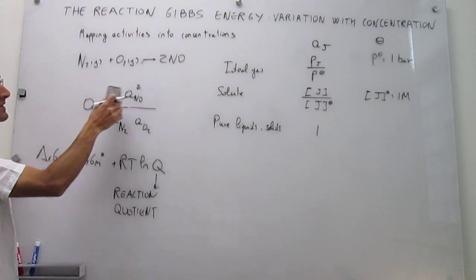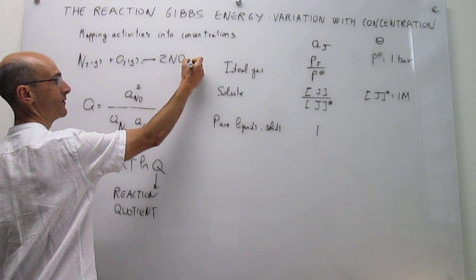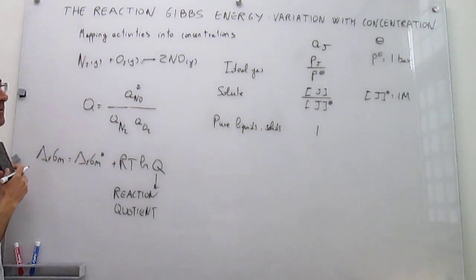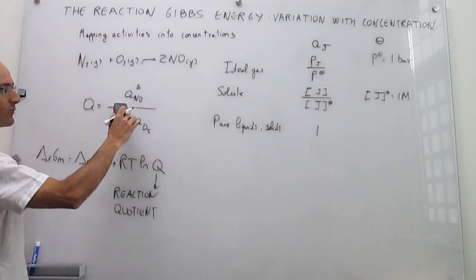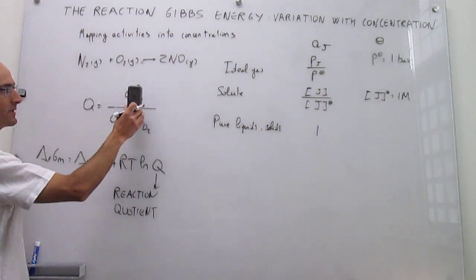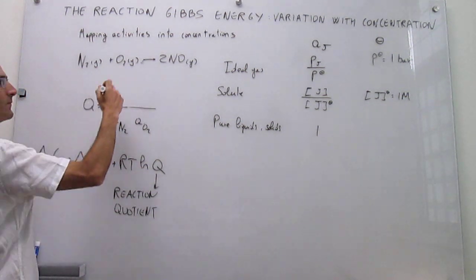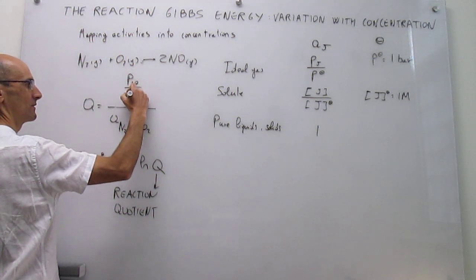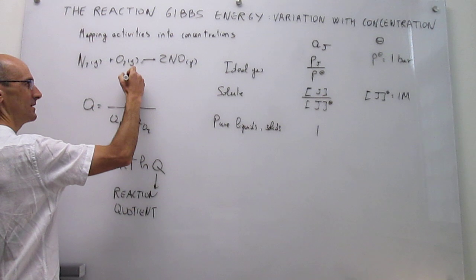So all of these are gases, and if we're working here under ideal gas conditions, where the pressures are low, then we can simply take each one of these activities and replace them by the ratio of the partial pressure of that gas over 1 bar. So this is going to turn into the partial pressure of NO over the partial pressure at the standard state, squared.